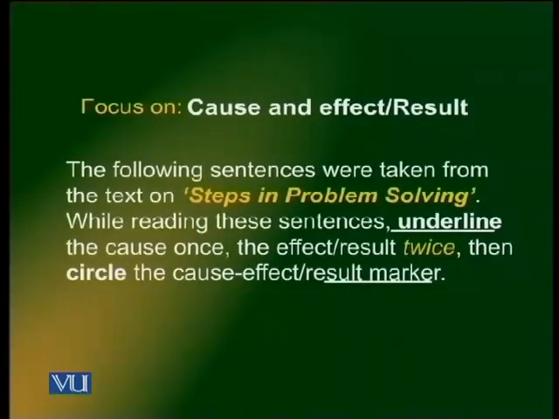Now, while reading these sentences, you underline or you identify in whichever way suits you the cause. There is one word or words which show the cause, and then underline that part of the sentence which shows the effect or the result of that cause.